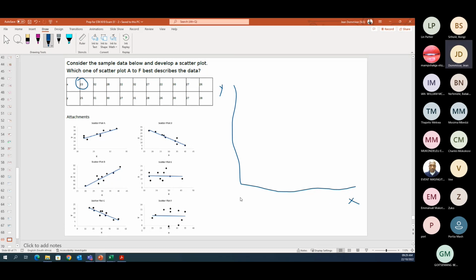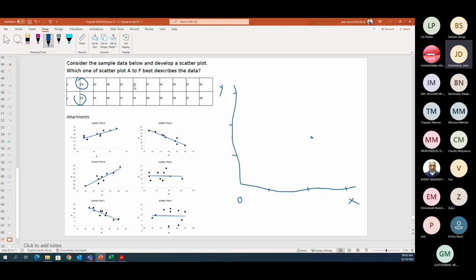So I would use that as 0, that nearly as 10, 20, and 30. So I would say somewhere here is a 23, the same 10, 20, 30, somewhere here is a 25. So that is one of my first numbers.